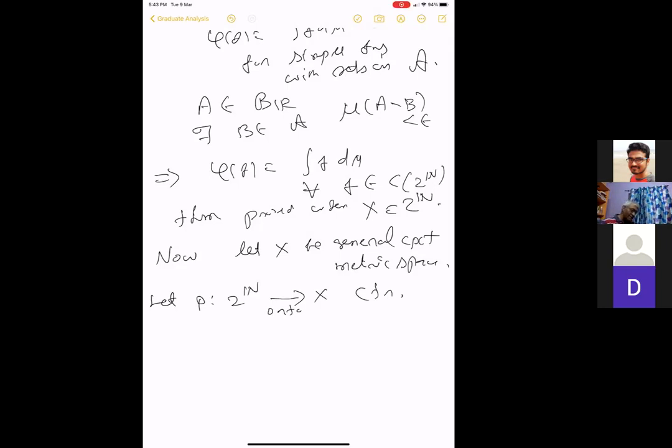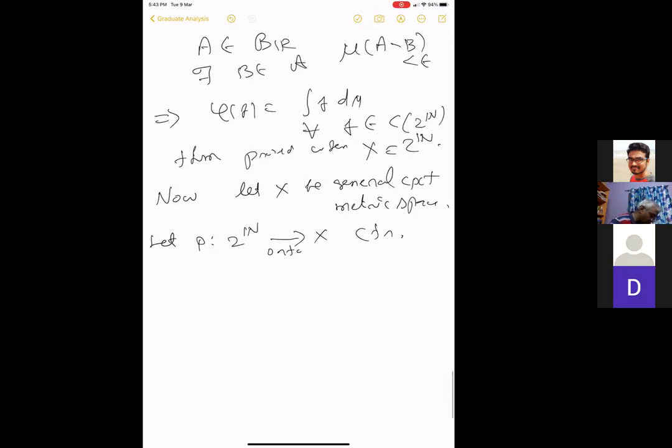So now suppose phi from C of X to C is positive. We have a positive linear functional. We'll come to that.